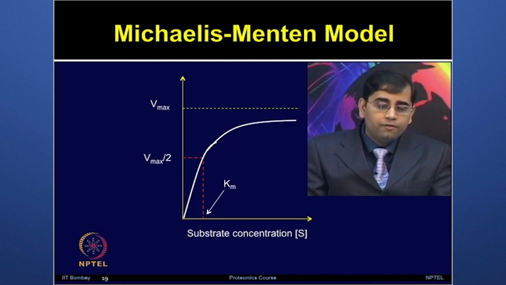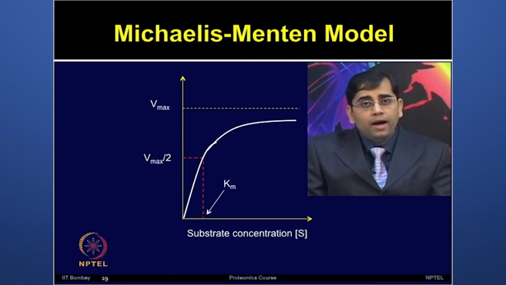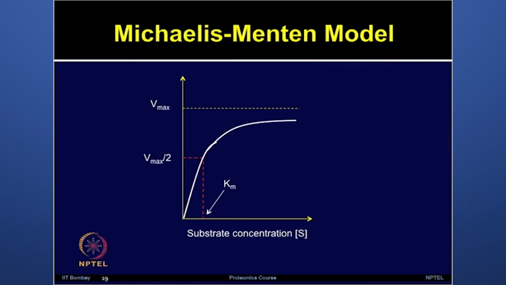As you can see in the graph, Km is a measure of strength of the enzyme substrate complex. So, higher Km indicates weaker binding and low Km is strong binding.